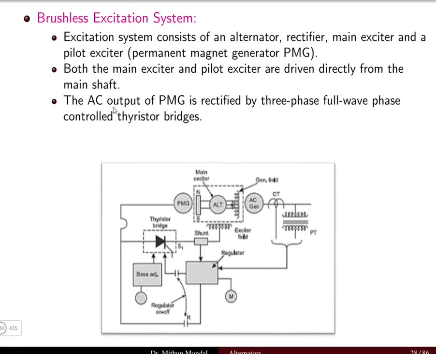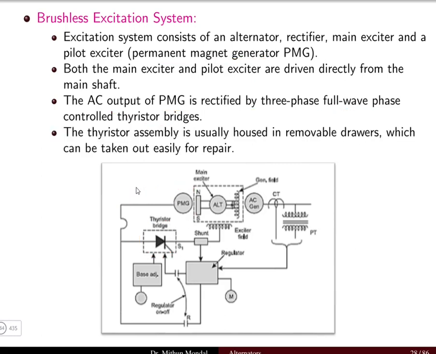Now the AC output of the PMG, that is the permanent magnet generator, is rectified by a three-phase full wave thyristor bridge. So this thyristor is used to rectify the output AC voltage of the PMG. The thyristor assembly is usually housed in removable drawers which can be taken out easily for repair.